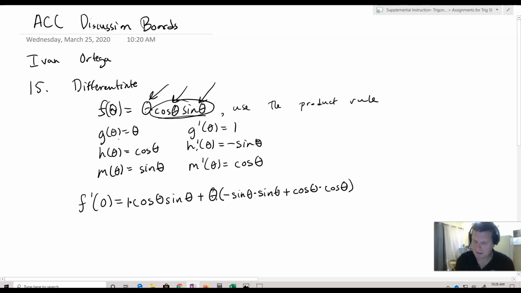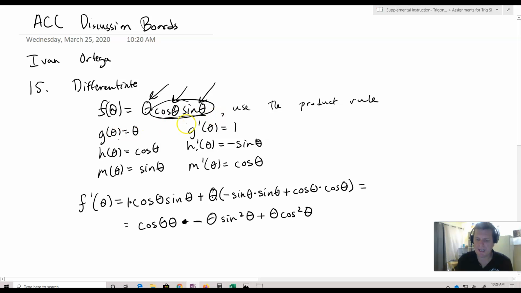So this is now going to equal cosine theta sine theta minus theta sine squared theta plus theta cosine squared theta. And that's it. That's f prime of theta.